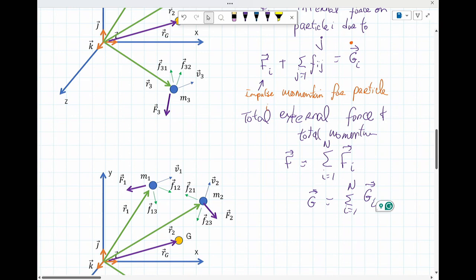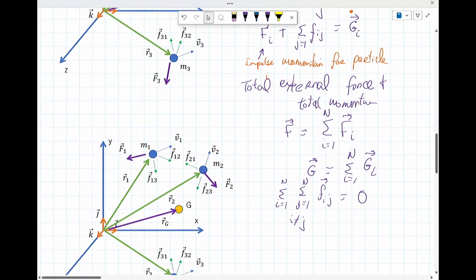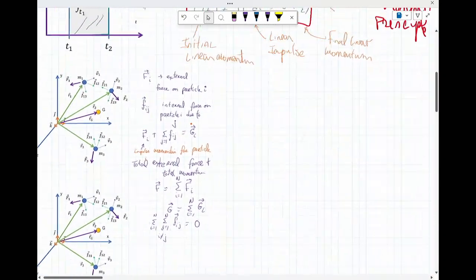The internal forces are just going to be the sum from i equals 1 to N, j equals 1 to N, of F sub ij, where i does not equal j. And that should equal 0. So here, I'm not worried about distances. I'm not worried about travel because there's no internal component that's going to appear, and that will disappear from my expression.